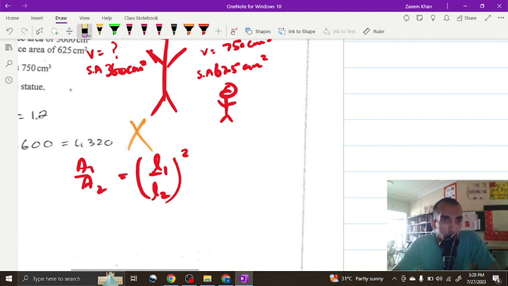Instead of calling it A1, I'll call it A of statue. Instead of calling it A2, I'll call it A of model. Instead of calling it L1, I'll say L of statue and L of model. So then this might make things more descriptive.